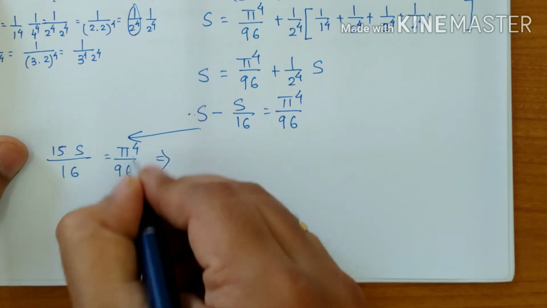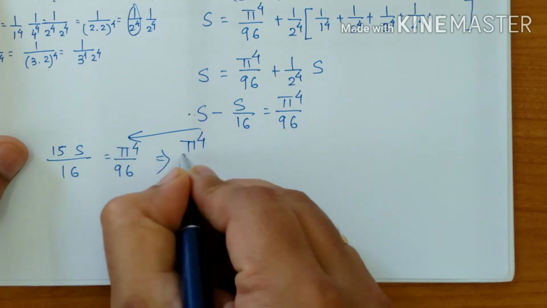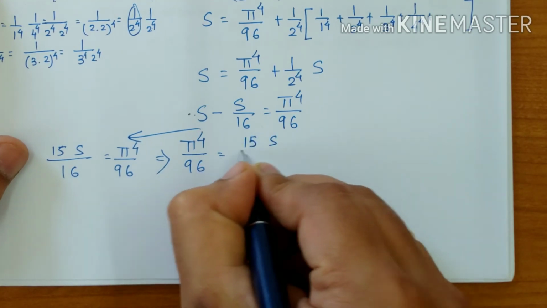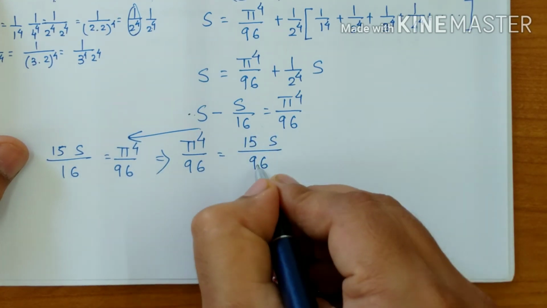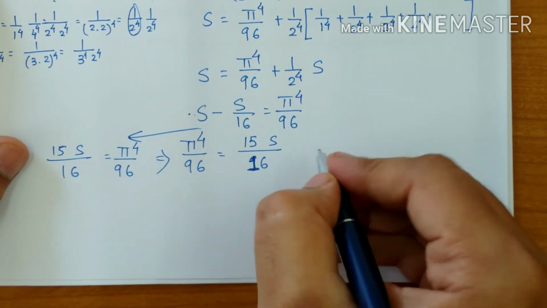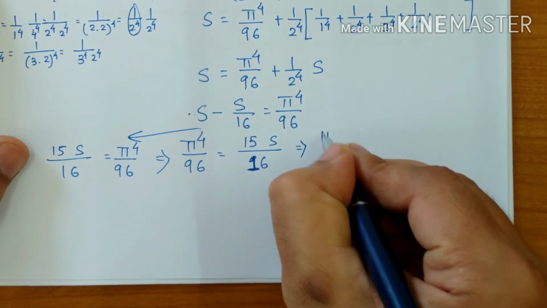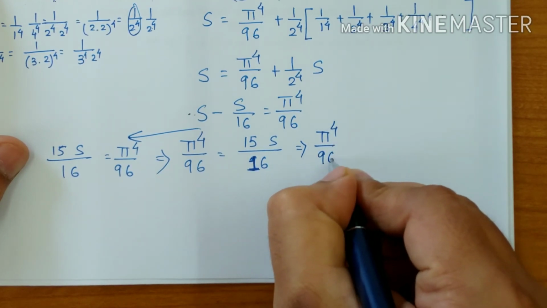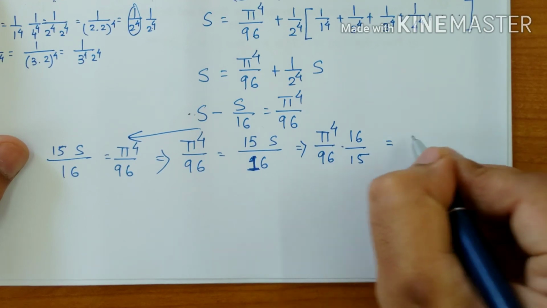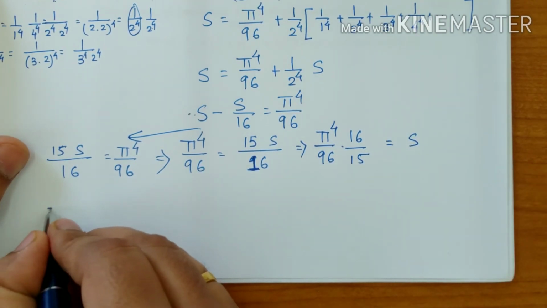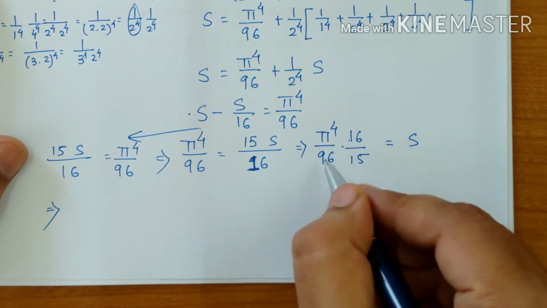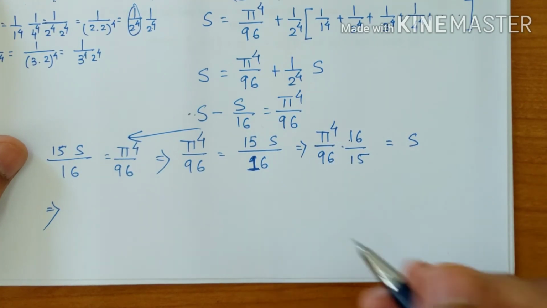Okay, rearranging the terms, I am taking this to the left. That gives pi raised to 4 by 96 is equal to 15S upon 16. Oh, sorry, not 96, it is 16. Now 15 upon 16 will take to the left. We will have pi raised to 4 by 96 into 16 divided by 15 is equal to S. So which gives us 16 6 that is 96.